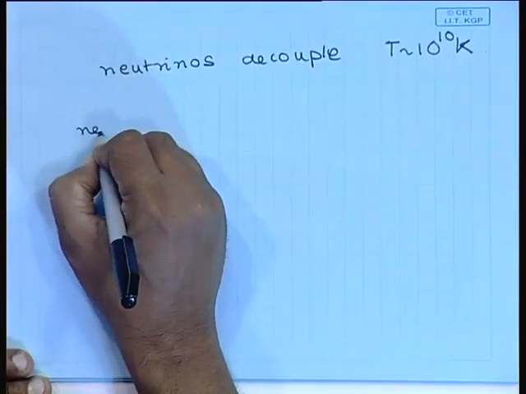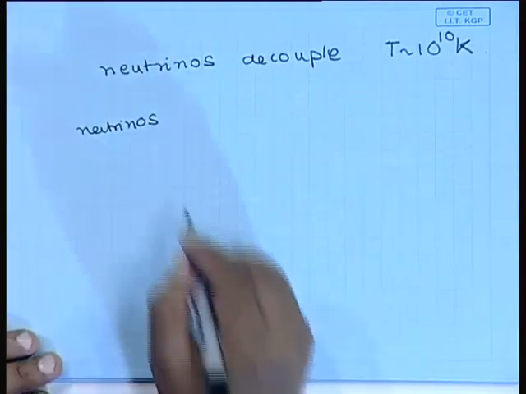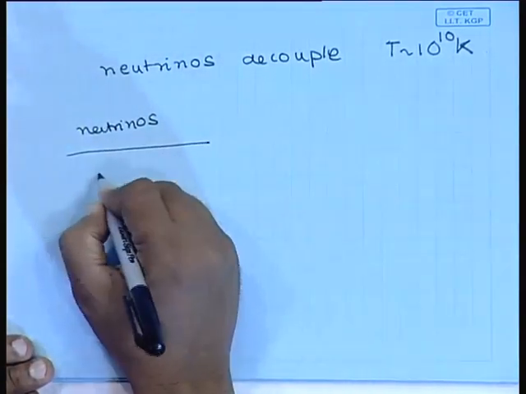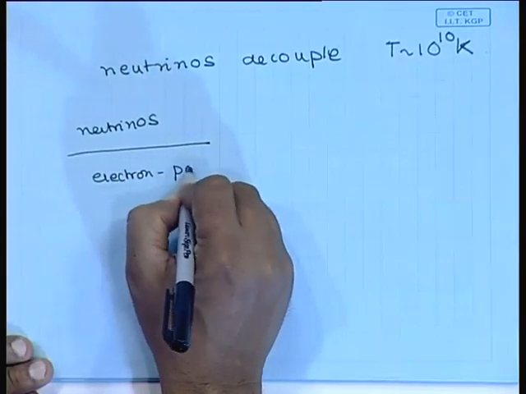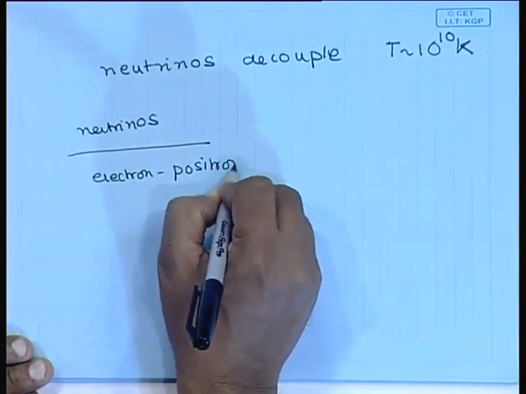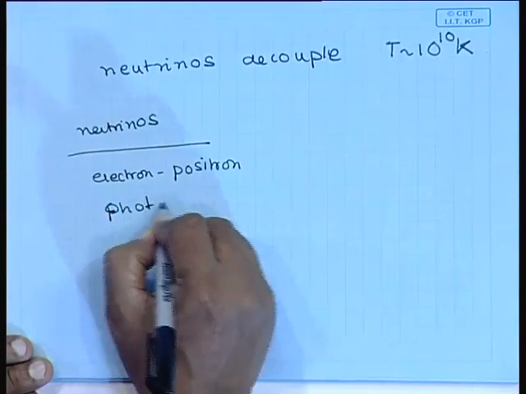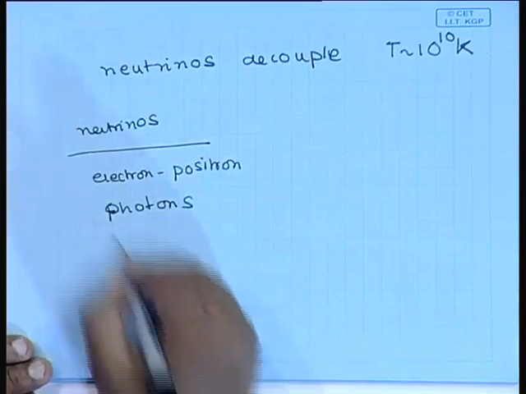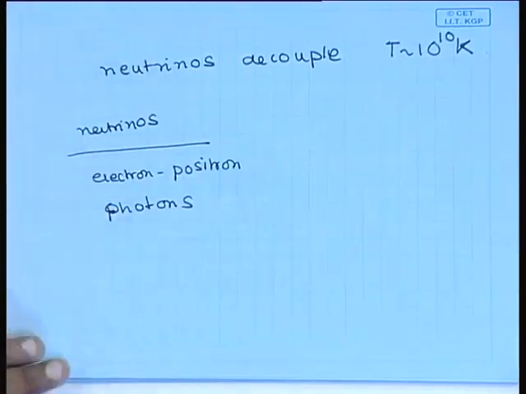So, now we have the neutrinos separate, and electron positron and photons. These two interact with each other, neutrinos have decoupled. Okay. So, they are separate.